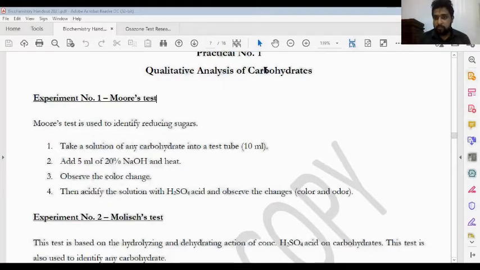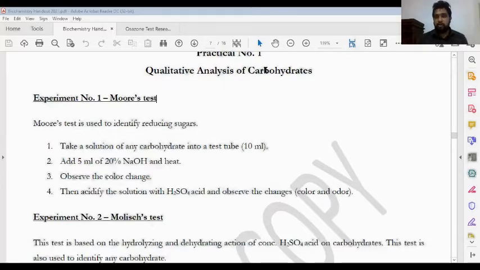We denote free aldehyde and free ketone groups as hemiacetal functional groups. Those sugars which have free aldehyde and free ketone groups are called reducing sugars.